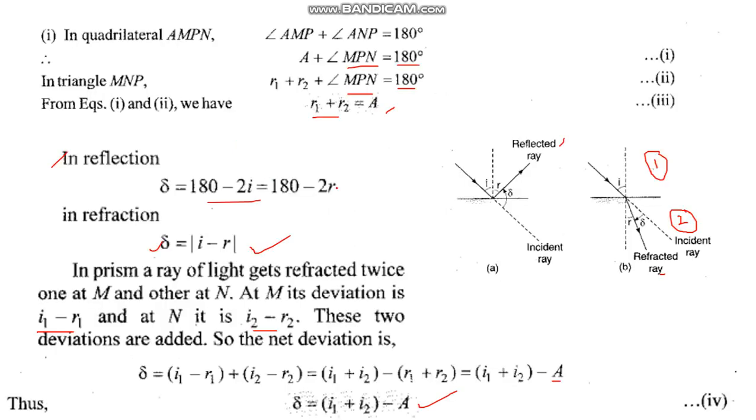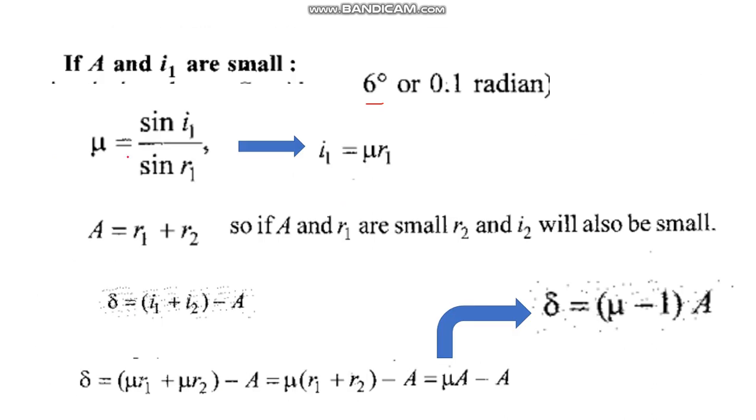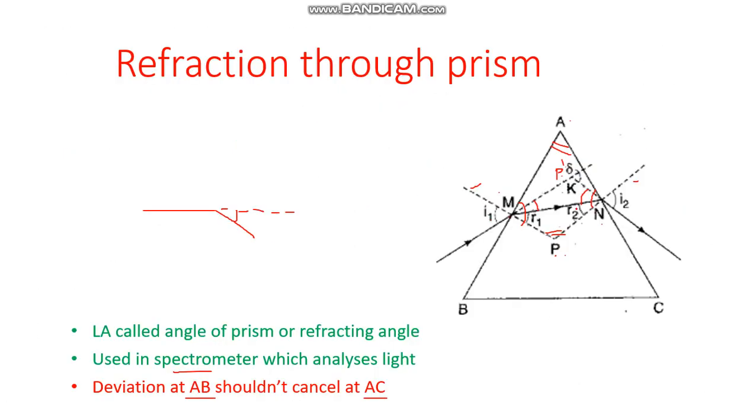This you are writing for the refracting surface, which is AB. When the sine value is very small, sine I becomes I and sine R becomes R. You get this very useful result. But here the condition is that the value of I1 should be very small, because of which R1 also becomes very small. If R1 becomes very small, R2 also becomes very small, and thereby I2 also becomes very small. They're all interlinked.